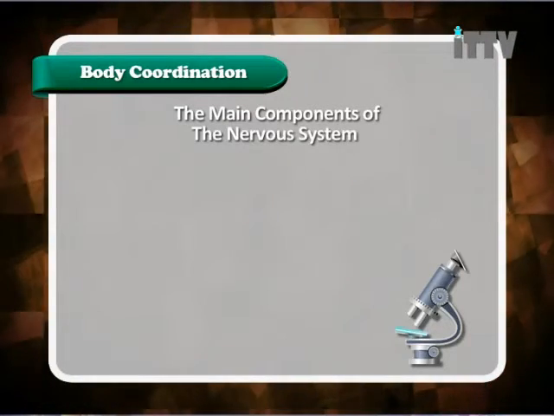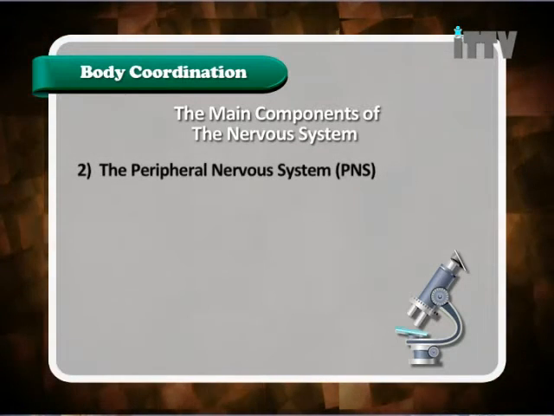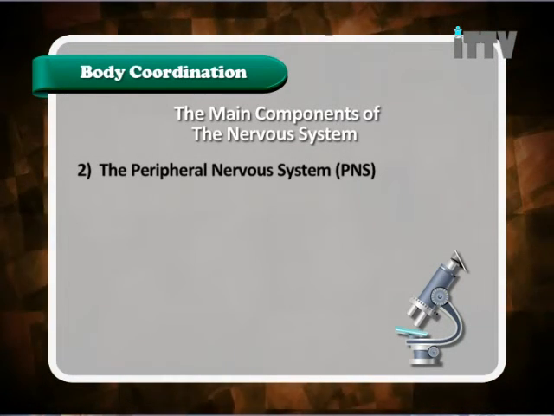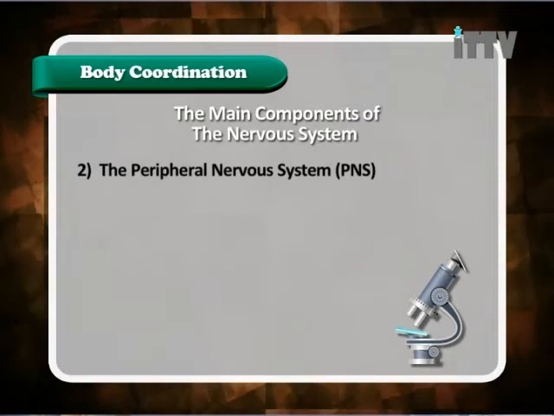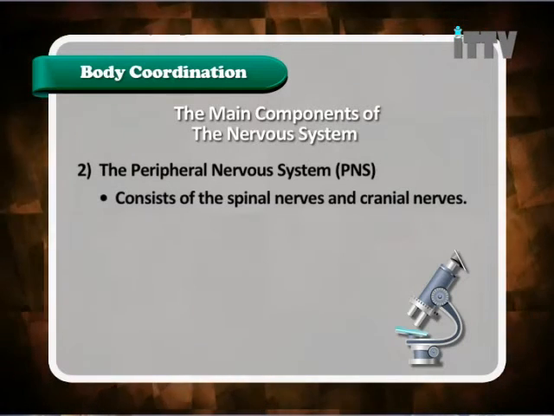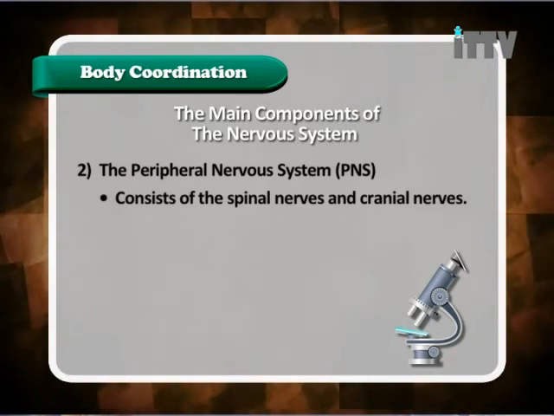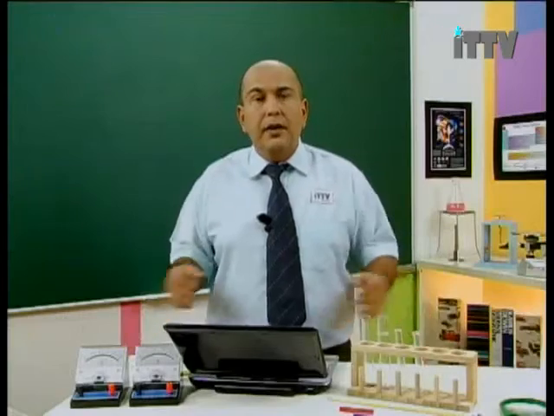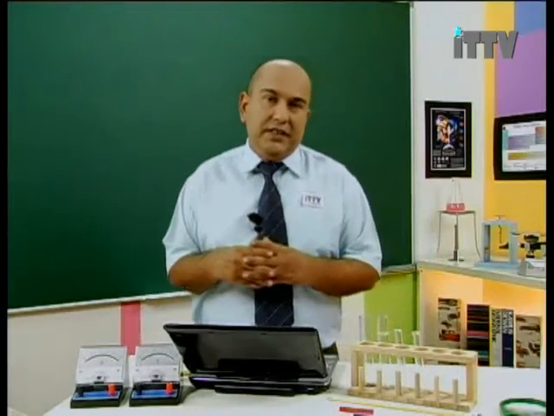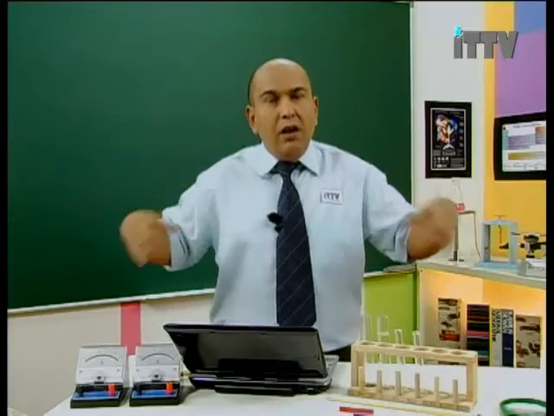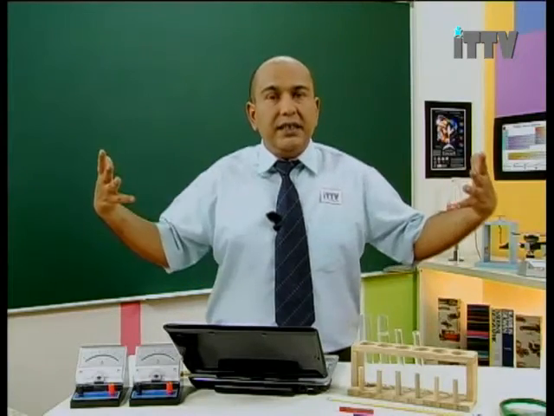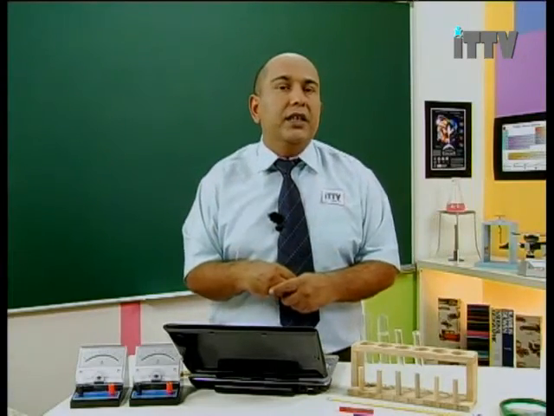The main components of the nervous system. 2. The peripheral nervous system, PNS, consists of the spinal nerves and cranial nerves. This is the second part of the nervous system. These are all the small nerves in our body that basically will connect back into the central nervous system.